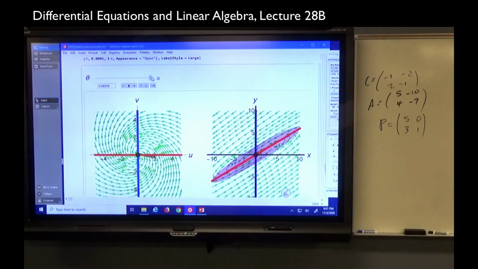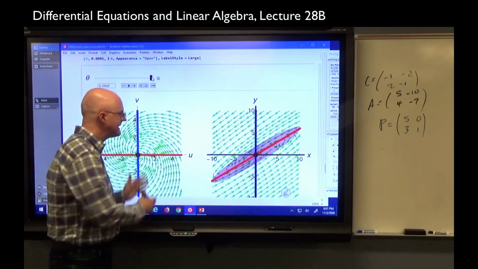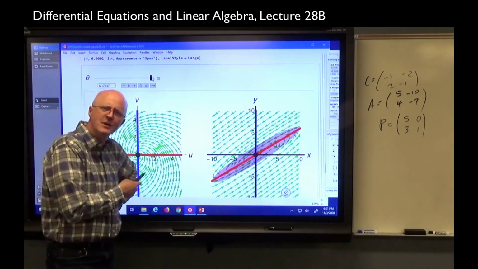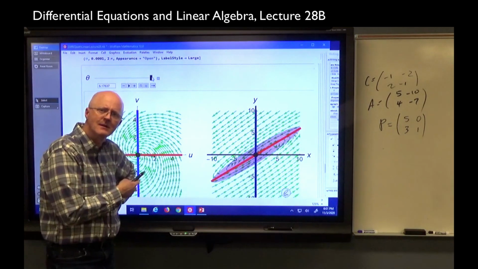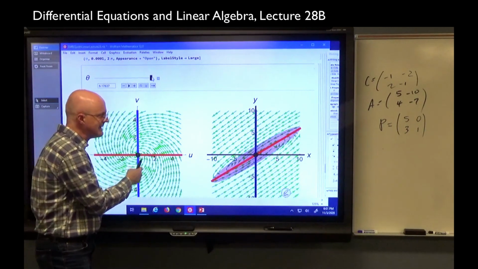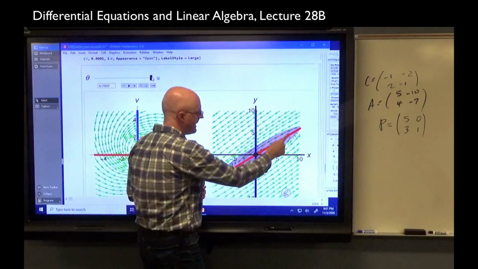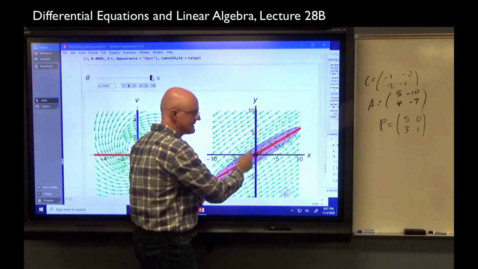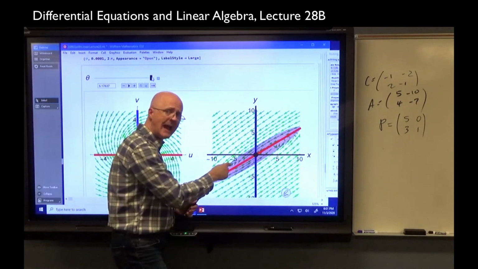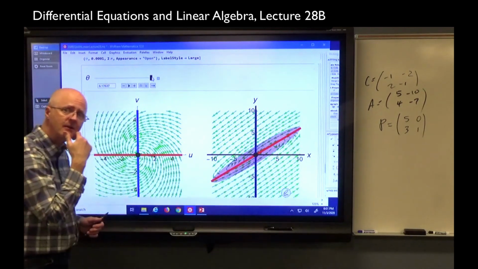And so what we're really seeing is not only are the axes getting mapped, so to speak, but also the solution curves are getting mapped. It's like the solution curves that were in the original disk get mapped to corresponding solutions in this ellipse. That's not an accident, actually. It really is what's happening here.